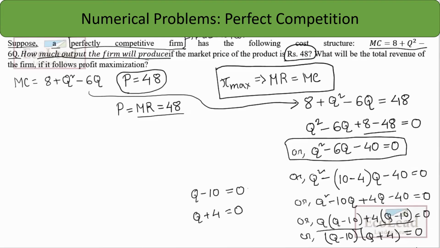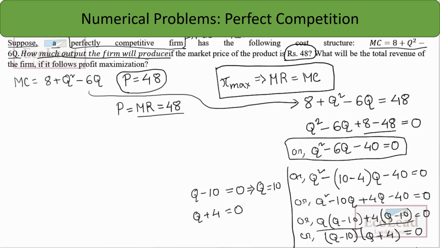Now let us solve q minus 10 equal to 0. Then q will be equal to 10. If we solve the second term, then the value of q will be minus 4. Look at the values of q.